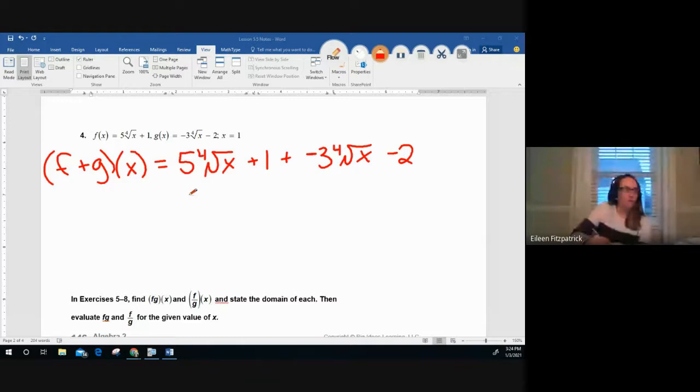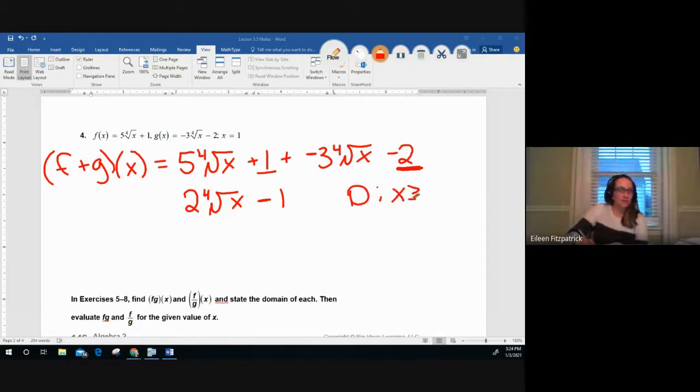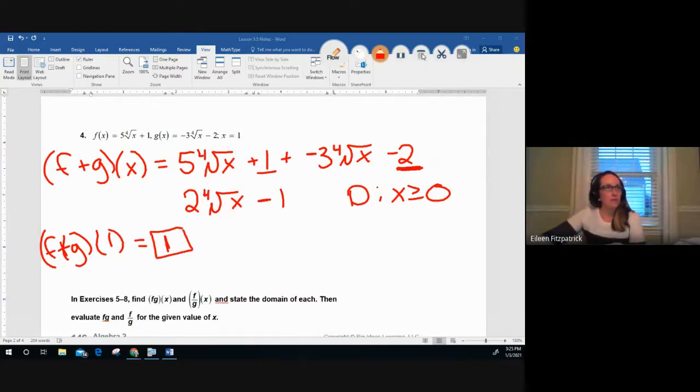So if you do it correctly, you should get 2 4th root of x minus 1 because it's a 2 I didn't have. Again, I didn't have that copied down the first time. And then the domain is still x has to be greater than or equal to 0. And then the evaluation, I forget what I had, plus g of 1. The evaluation would have been a 1. Okay, so I just wanted to clear that up in case you copied the whole problem correctly, which I didn't.